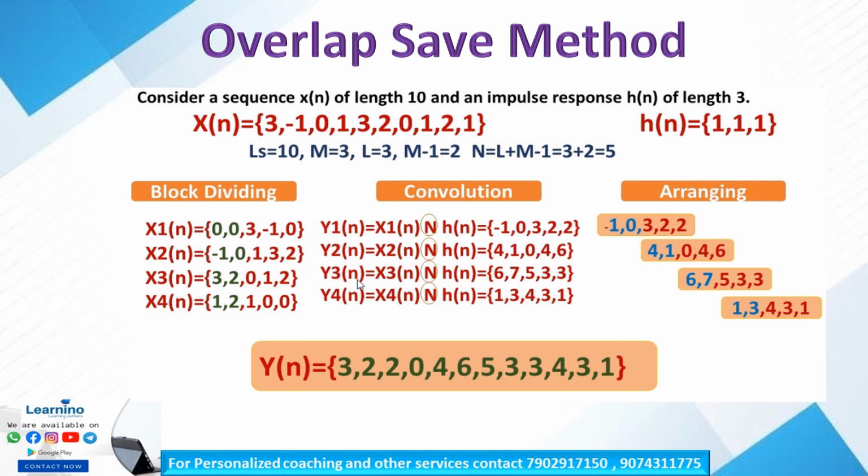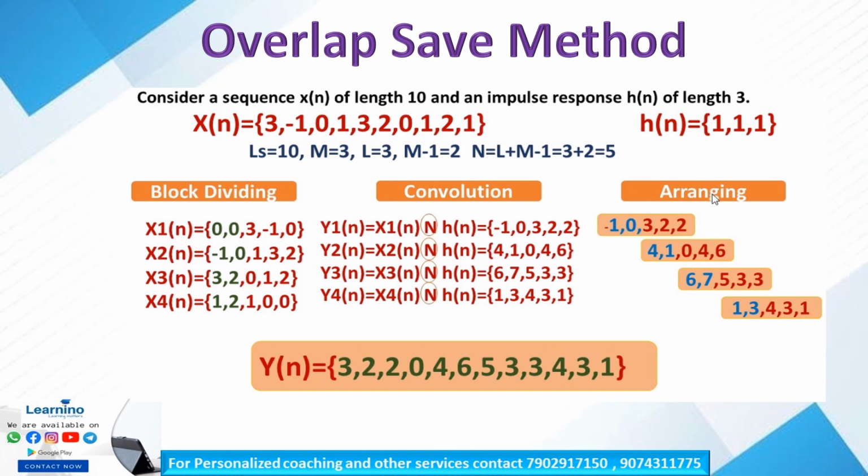Then y3 of n is equal to x3 of n circular convolution h of n, which gives 6, 7, 5, 3, 3. Then y4 of n, which is equal to x4 of n circular convolution h of n, gives 1, 3, 4, 3 and 1. You can check it with the result. You have to perform the circular convolution with any of the methods.